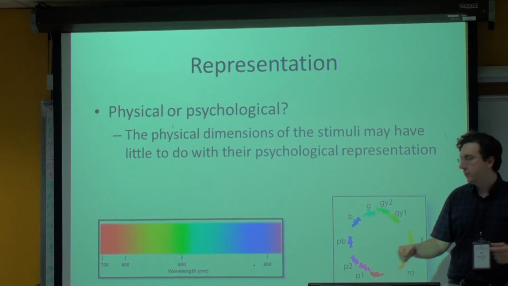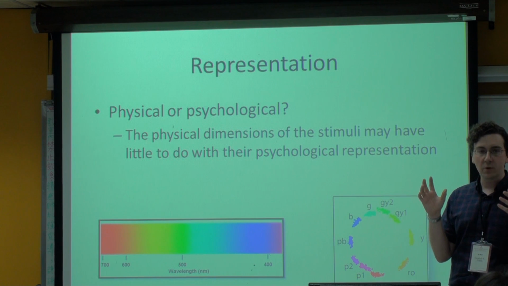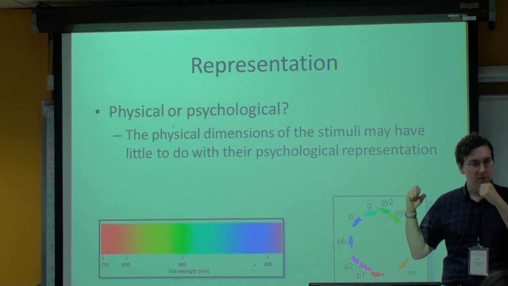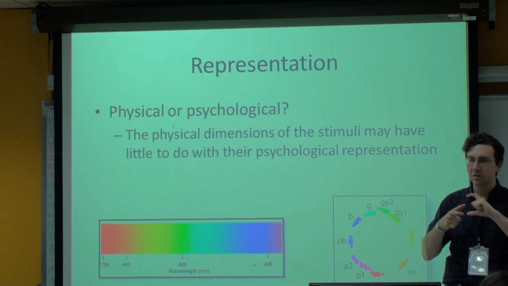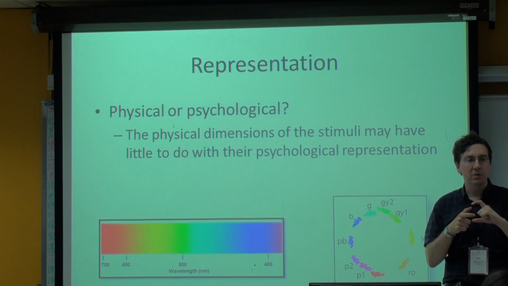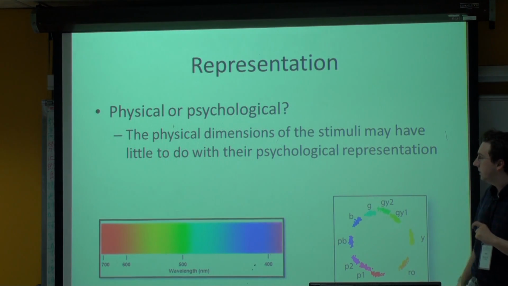This is true even if you transform this through early visual opponent cone processes, looking at short and medium and long wavelength opponent processes. And even that is not an accurate representation of how we consider similarity between different colors.